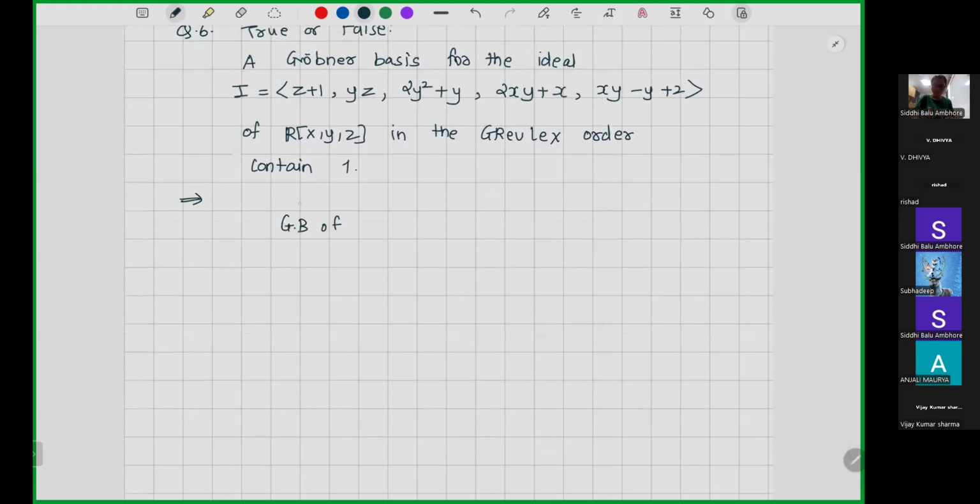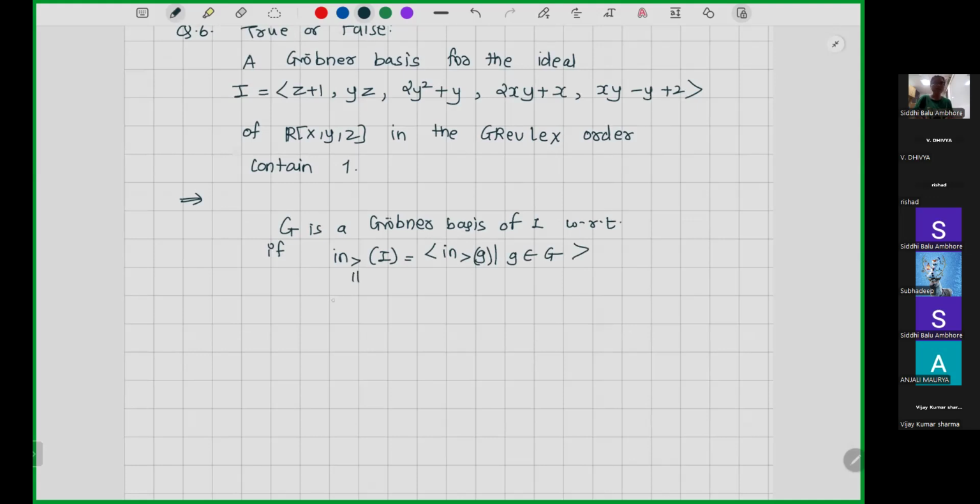Let me quickly define again what the initial ideal of I is. You can think of it as the ideal generated by the initial terms of G such that G is in the Gröbner basis.